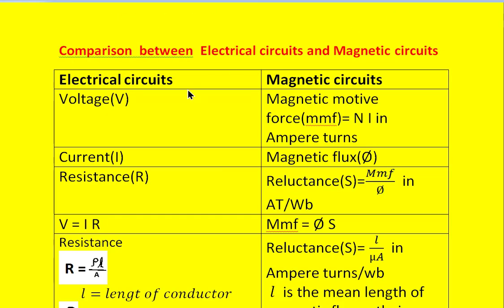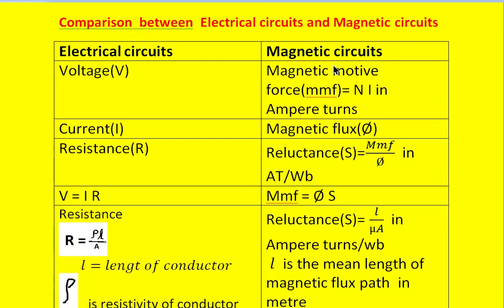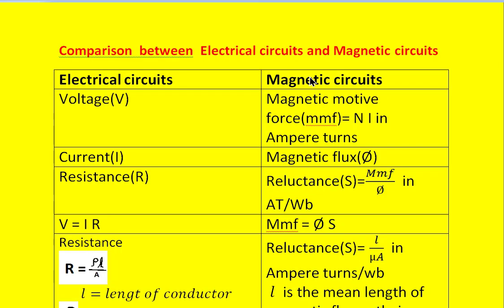Now let us see the comparison between electrical circuits and magnetic circuits. In both these circuits, Ohm's laws are there. In case of an electrical circuit, voltage is necessary for passing the current in the conductor.